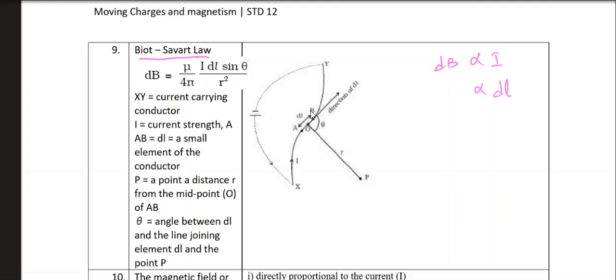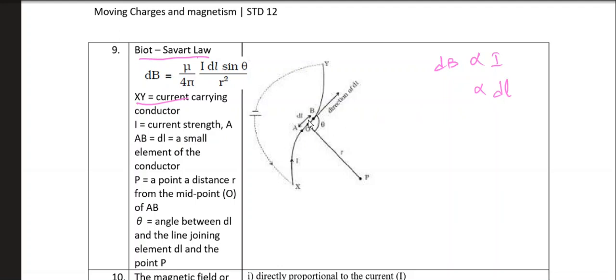And what is theta? This is the smallest element. Let us consider XY is the current carrying conductor. The current strength I is given in ampere.